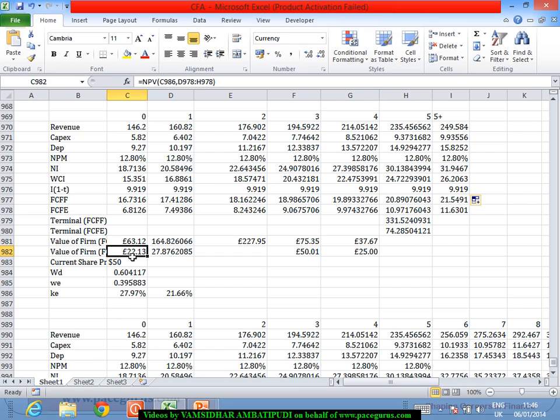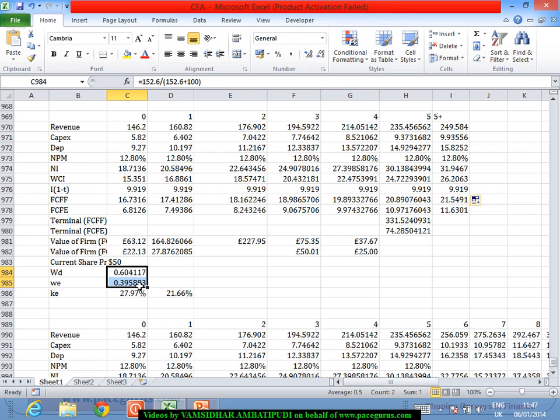Then whereas coming out to the value of the firm, value of the equity, and yeah, the other thing that comes out here is the weightages. Also they keep changing with debt and equity.